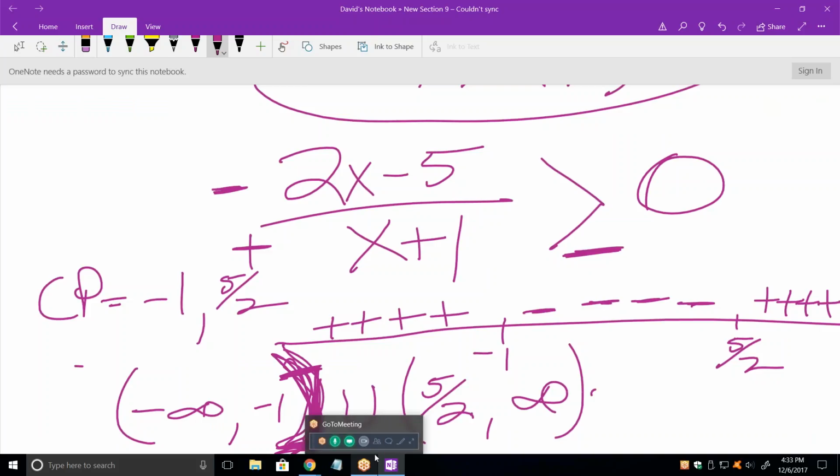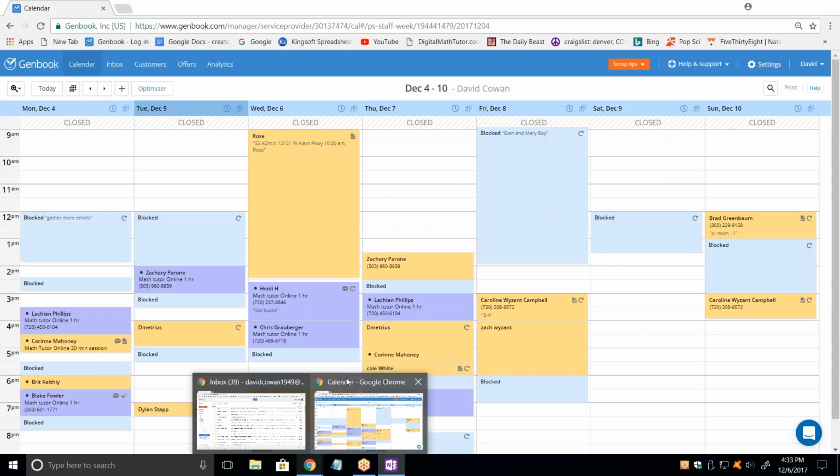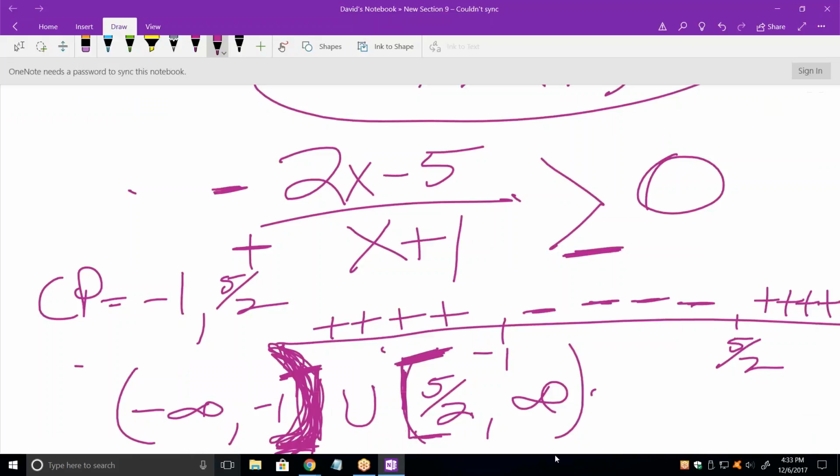Yeah. If this was the problem, then this would be a bracket. Because it actually could be 5/2, right? In other words, when x is 5/2, the numerator is 0, the denominator is not. That is greater than or equal to 0. So this would still be parentheses because x can't be -1 because I can't divide by 0. But the other side would be bracket.